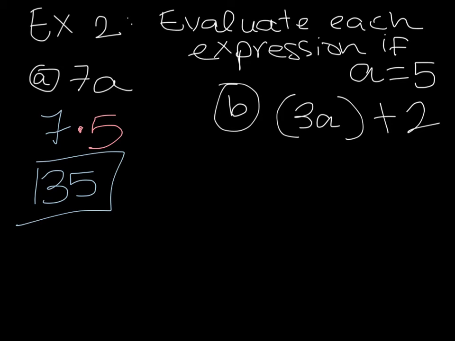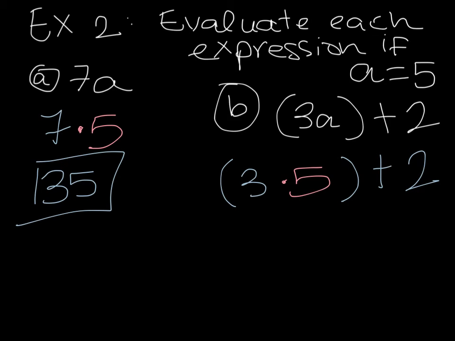Okay, what I like to do is to rewrite everything and just simply make the substitution before I worry about anything else. So I'm going to copy everything except for the variable, and then where the A existed, I'm going to put in a 5.